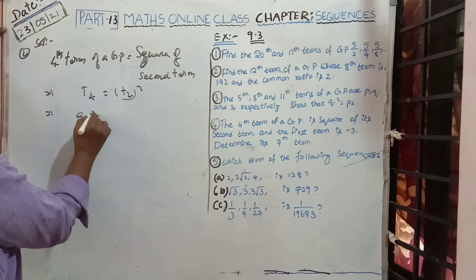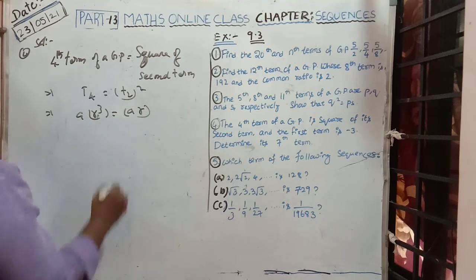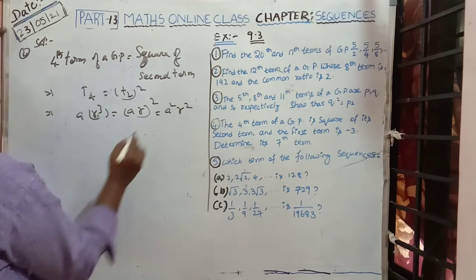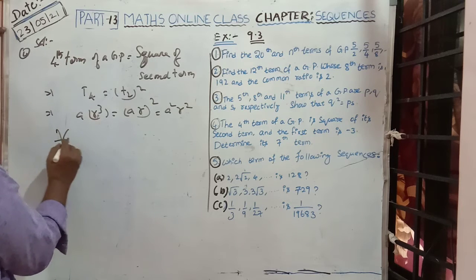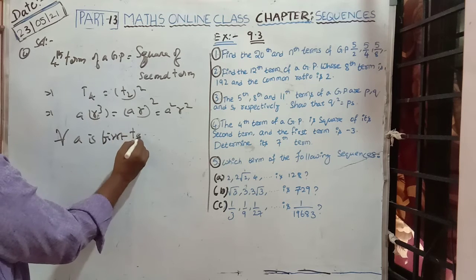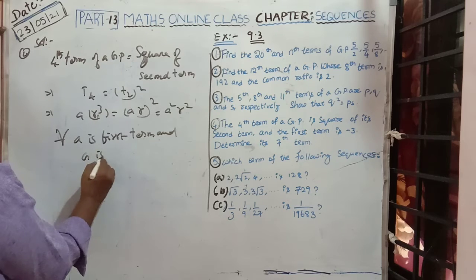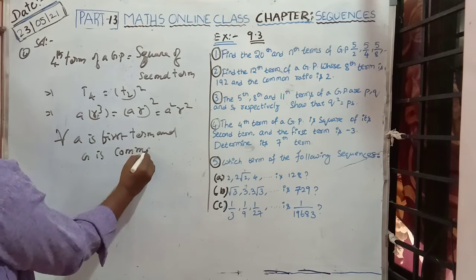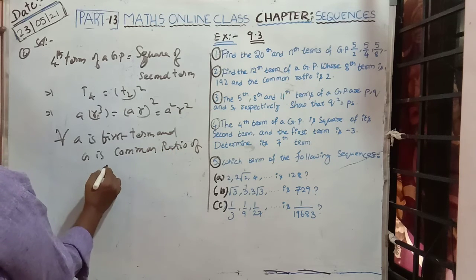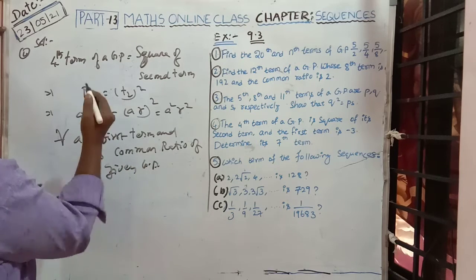T4 is A R cube, T2 is A R only, so it is A square R square, where A is the first term and R is the common ratio. We have to write it for the given GP.